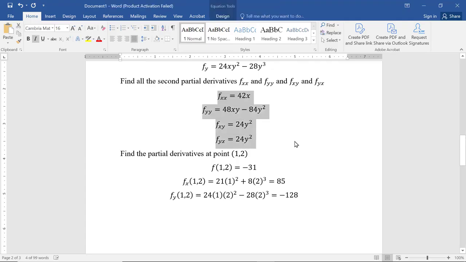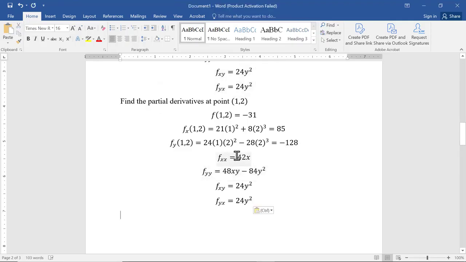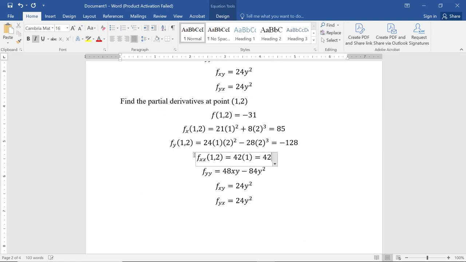Now, if we're evaluating these things at the point 1, 2, all I do is plug in the point 1, 2 into each of these. So f sub xx at the point 1, 2 gives me a 42.